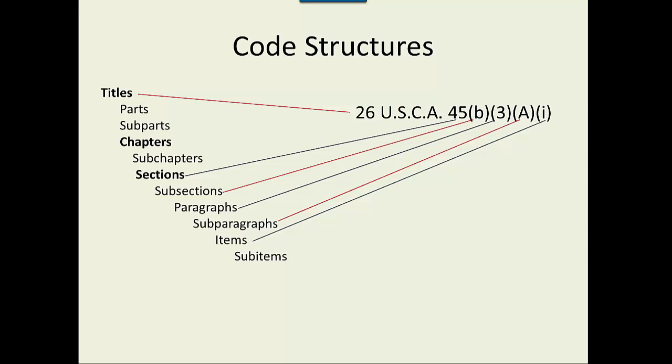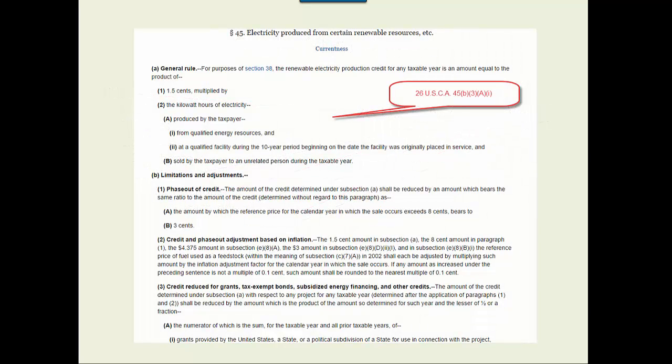I've taken this statutory citation and I've pasted that statute here on your screen. The citation is 26 United States Code Annotated, section 45B3A1. Why don't you take a moment and see if you can track that citation through this screen to find the law that it is citing to.